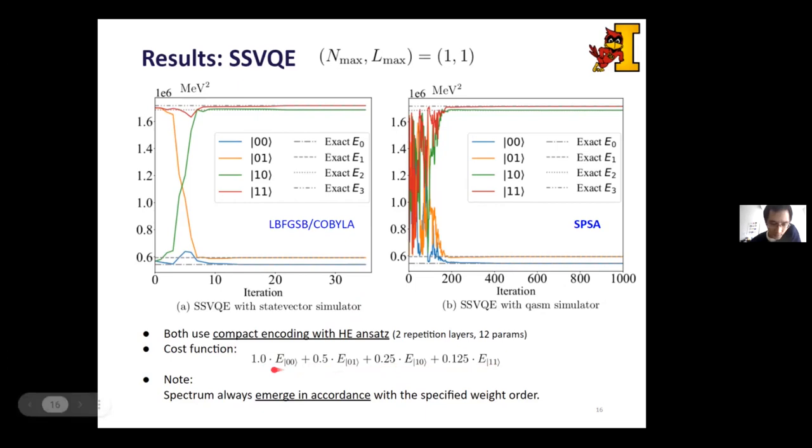So basically, this cost function tells you that the 0,0 qubit state will evolve to be the ground state, and the 0,1 qubit state will evolve to the first excited state.